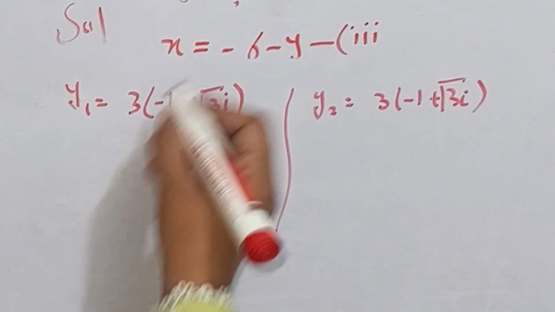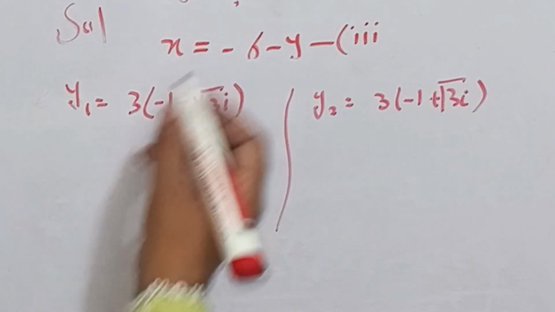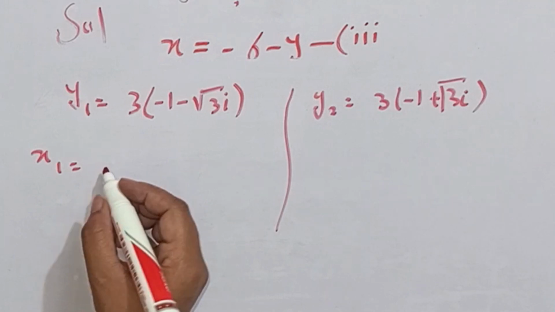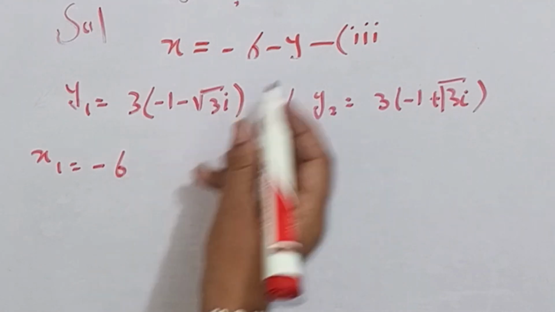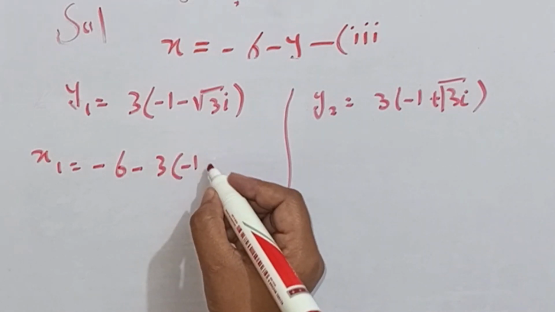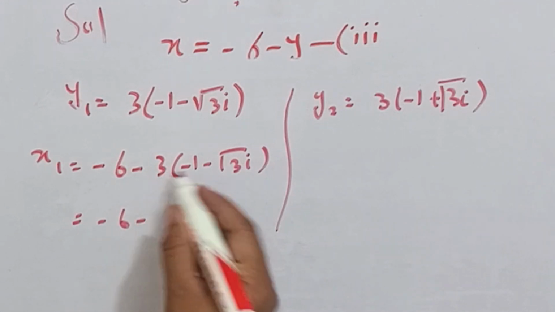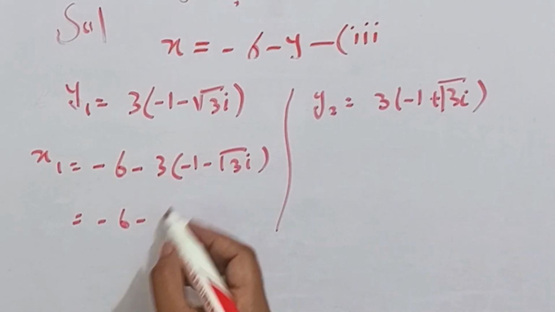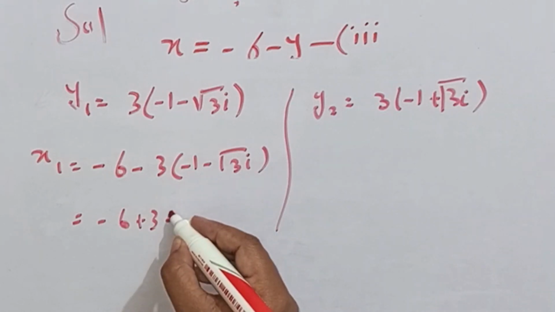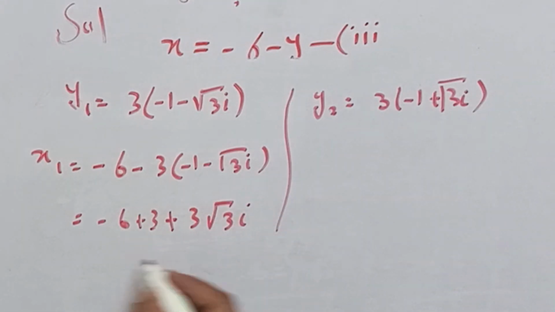We use these two values and find the values of x1 and x2. For this we use equation 3. So here we write x1 is equal to negative 6 minus y, and y is this one. Now we simplify this, multiply these values, and we get plus 3, negative negative becomes positive, 3 times square root 3 iota.